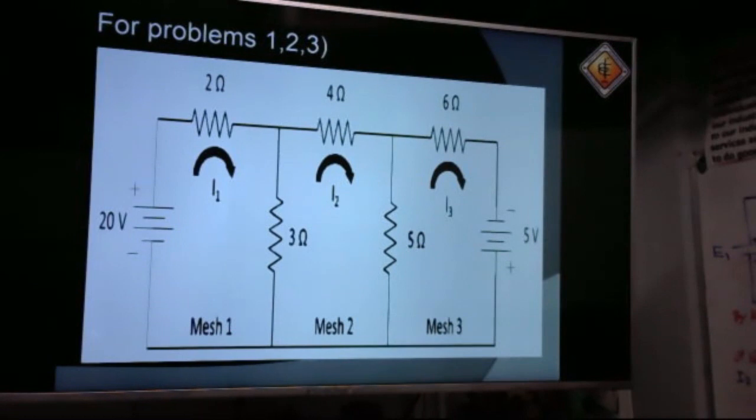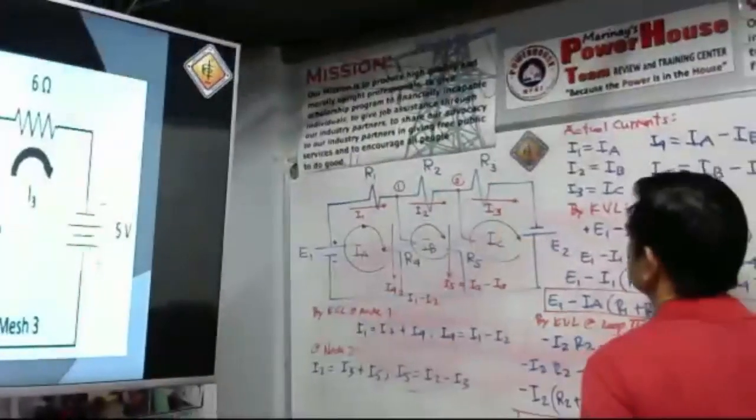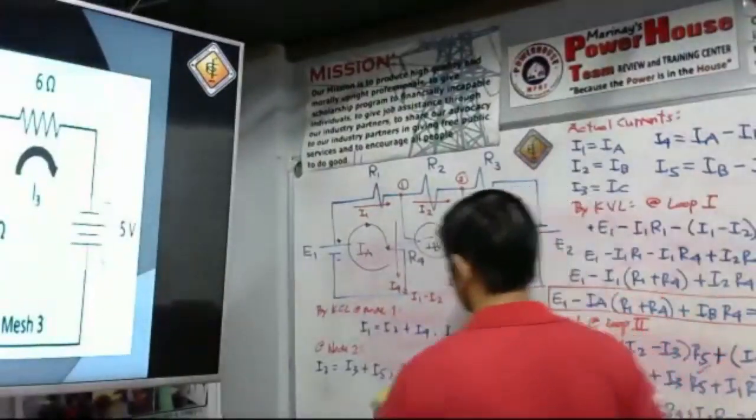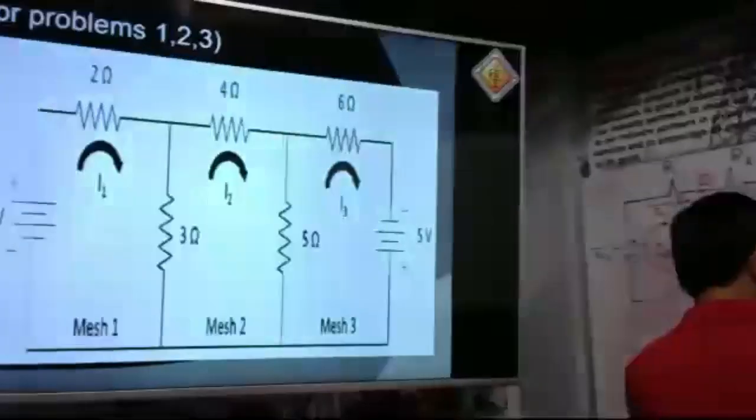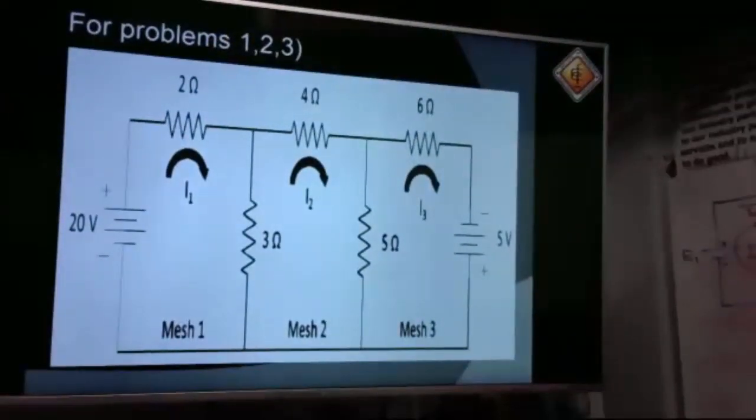This is actually negative, this is positive. What I will do here is use directly what I discussed.